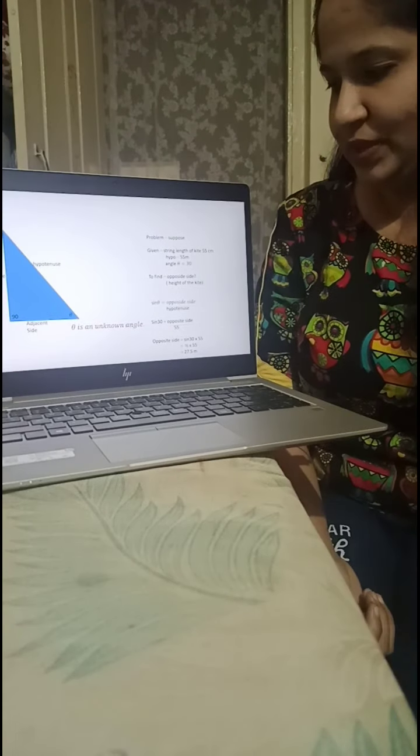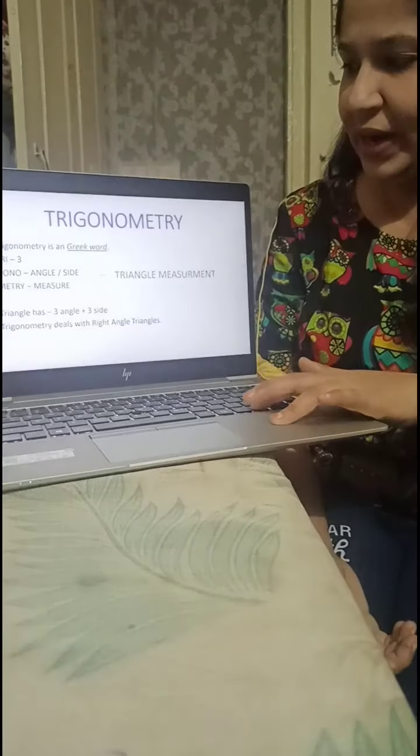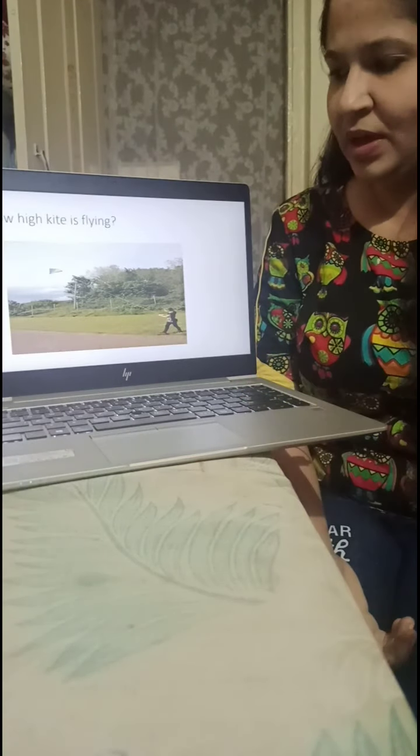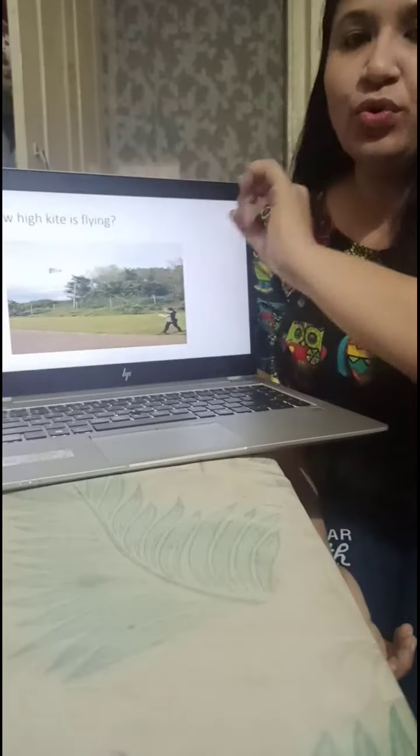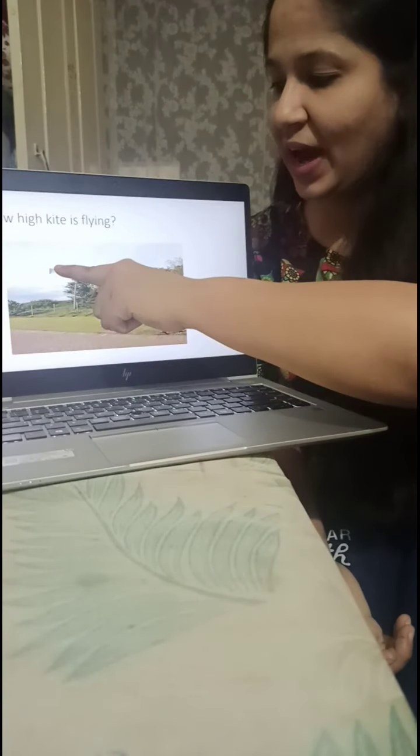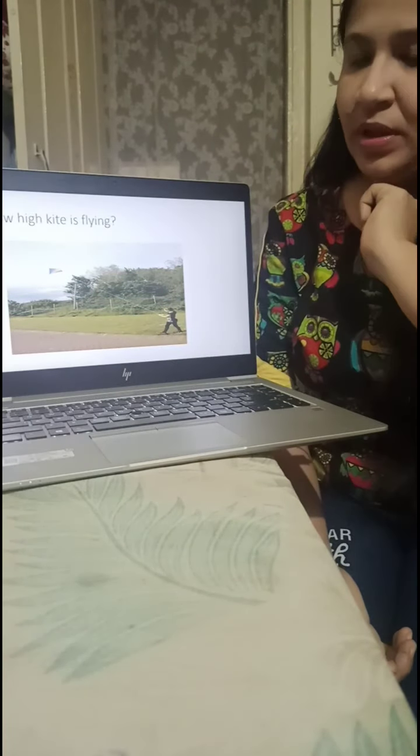Okay. Now see what we have to calculate. When we look at this picture, you can see this makes a right angle triangle, right? We have to find out the distance of the kite from the ground.